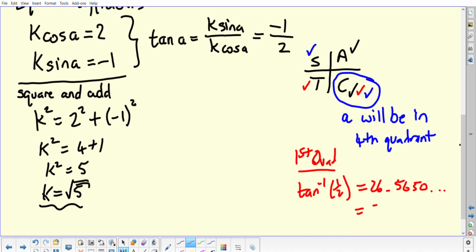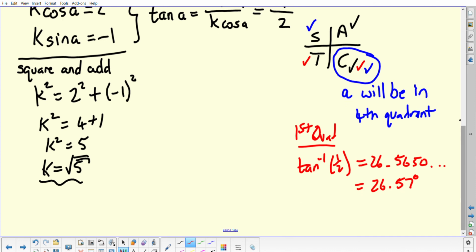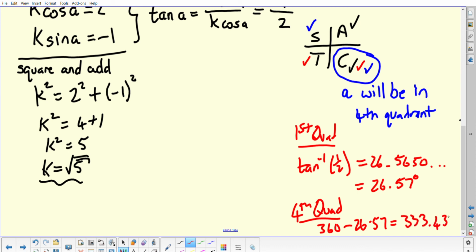We'll call it 26.57, or you could round it to 26.6. You can use 1 or 2 decimal places, but don't go to the nearest degree unless it tells you. So the fourth quadrant angle would therefore be 360 minus that 26.57. So we would be looking for 333.43.